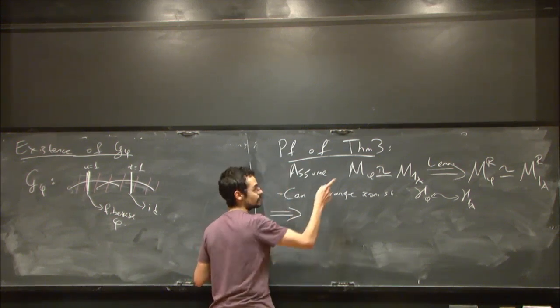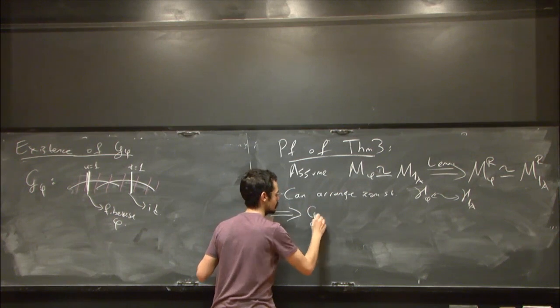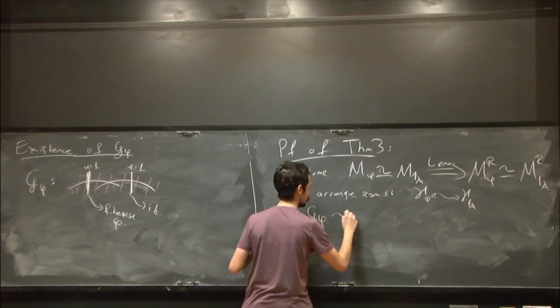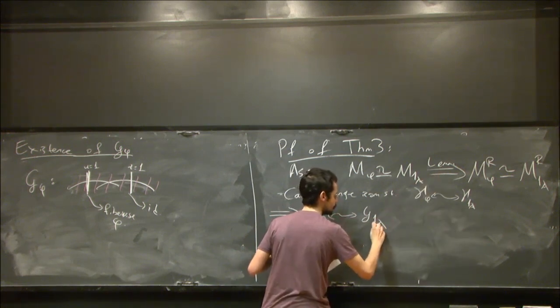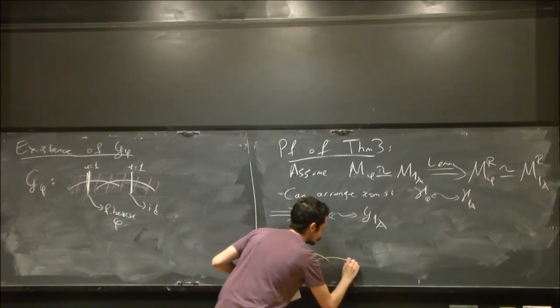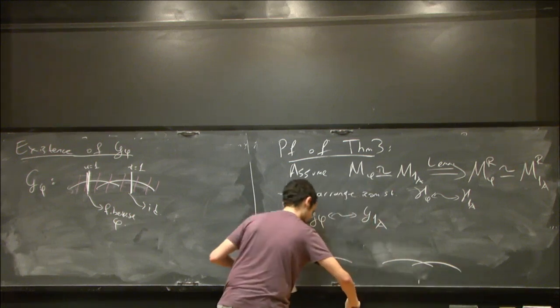So this implies, by the proposition on uniqueness, that the families are the same, or they correspond to each other under the autoequivalence. The picture is like this. You have two families.